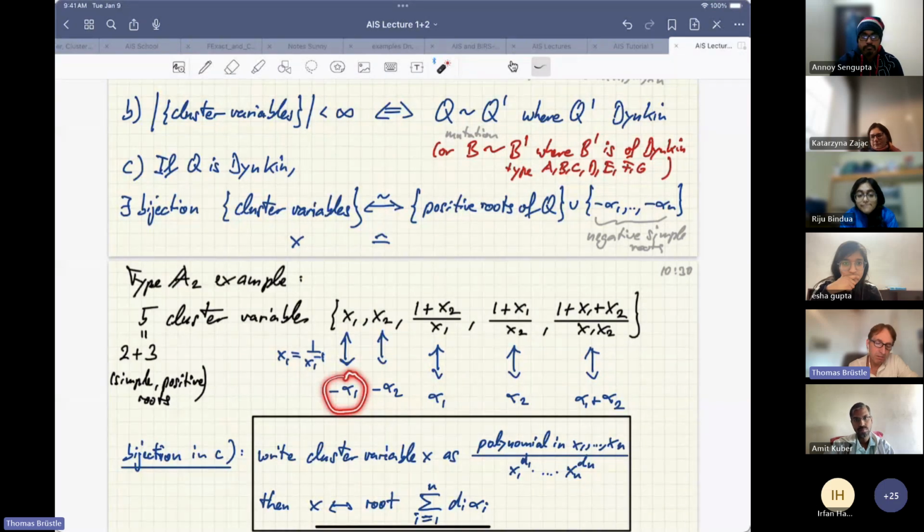You see what I do? I'm a little bit cheating here, okay? I want to force this formula to be true, like always. Good. So that's how the bijection works. And we verified the bijection in this simple example, type A2. So you should by now be convinced this works well, this is true. Is that okay?